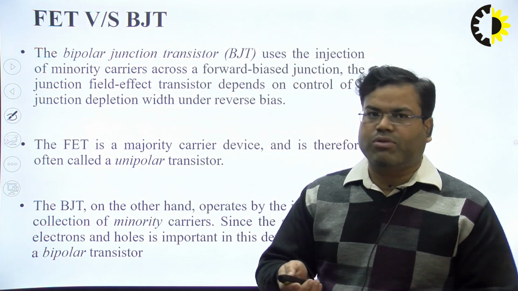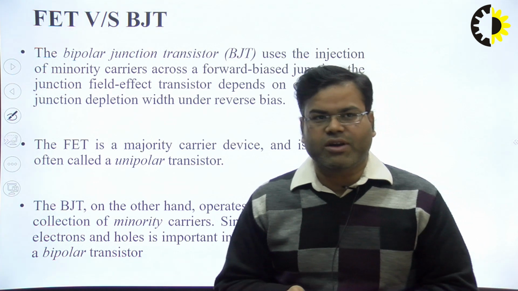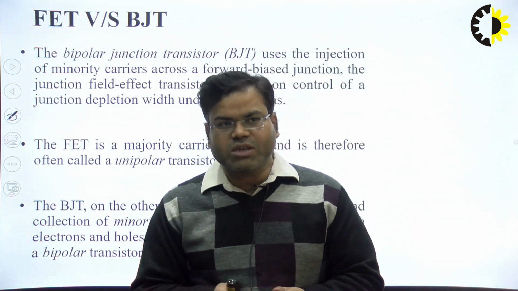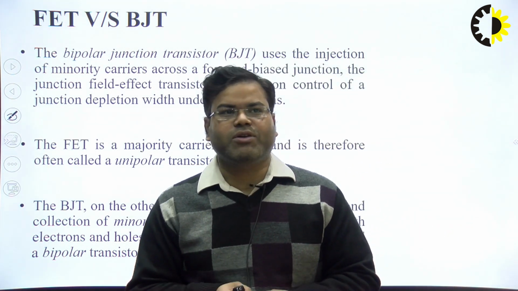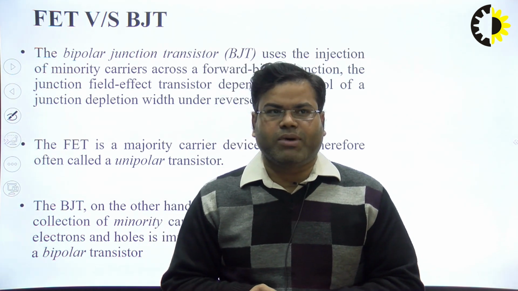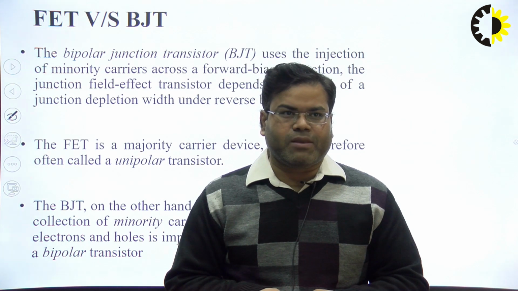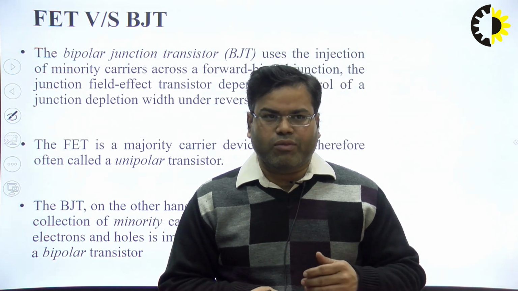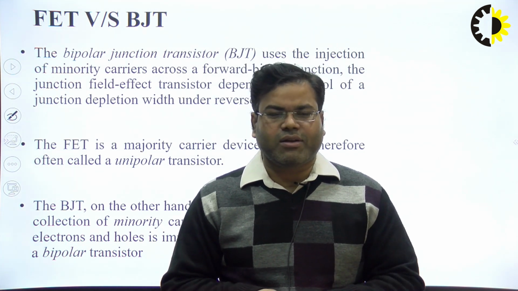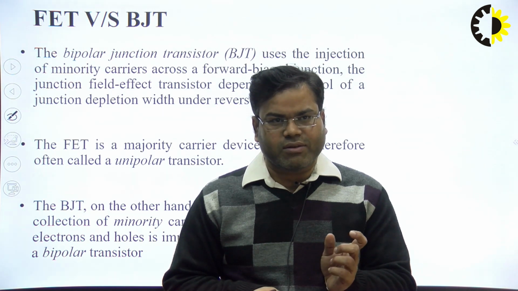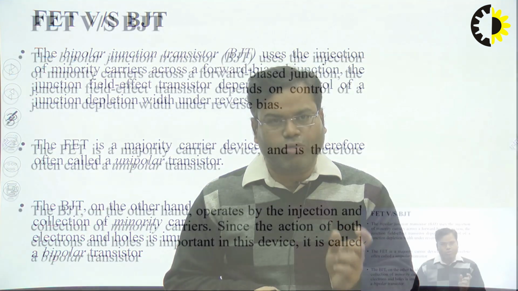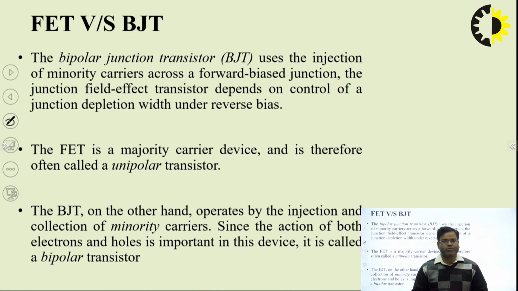Before going to discuss BJT, I would like to give some comparison between FET and BJT. Bipolar junction transistor, that is the full name of BJT, is used to amplify the signal, and it amplifies low AC signals. It cannot be used to amplify high powered AC signals.